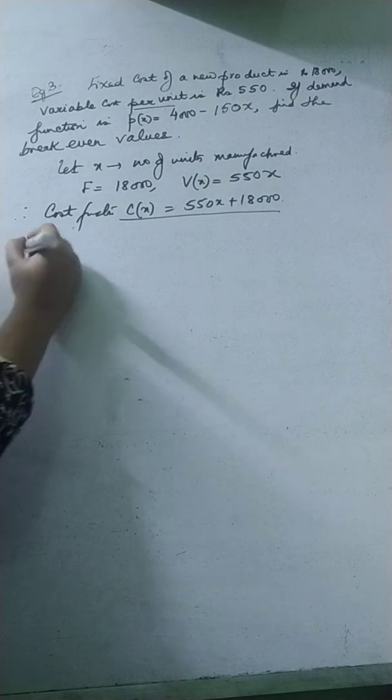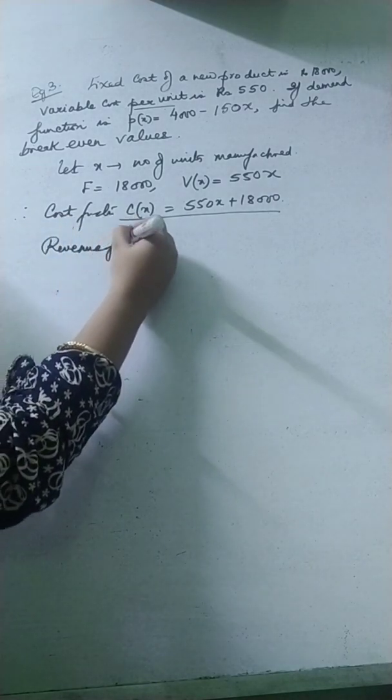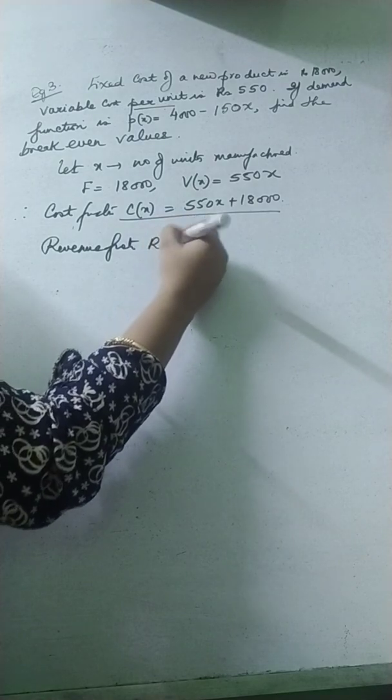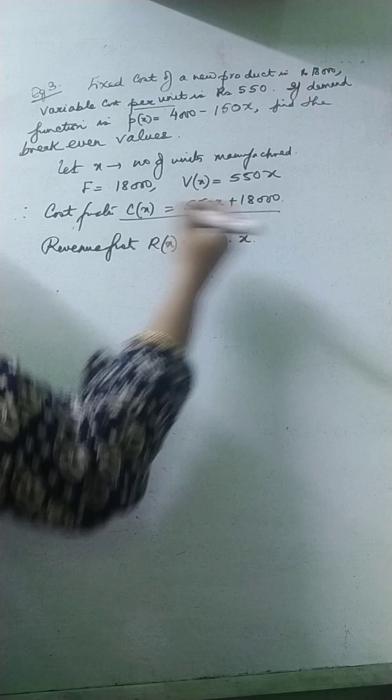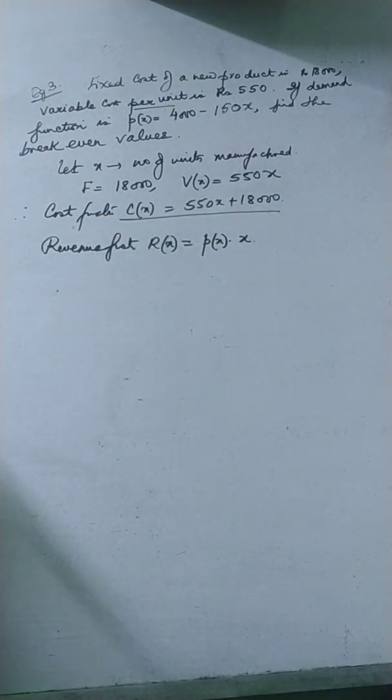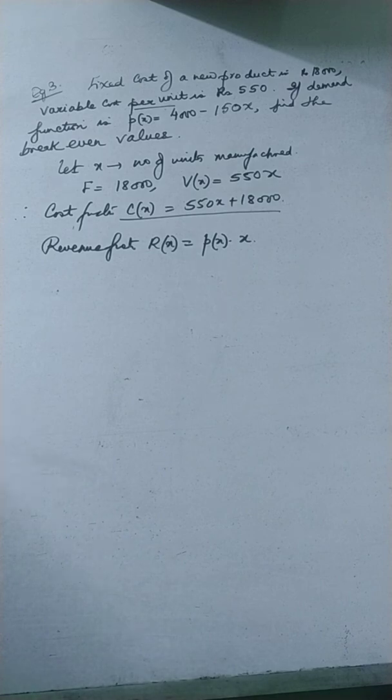We can easily frame the revenue function also, isn't it? What is the revenue function? Revenue function Rx is equal to demand function Px into x. So what is Px? Let's substitute.